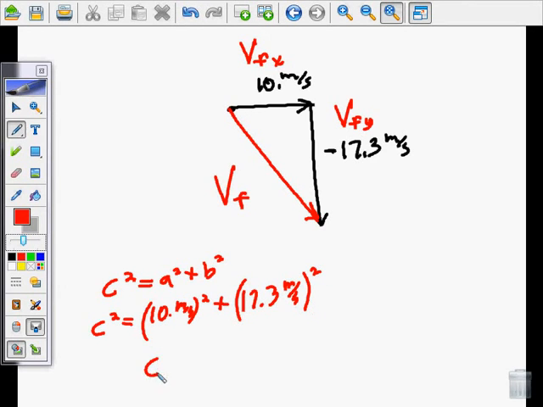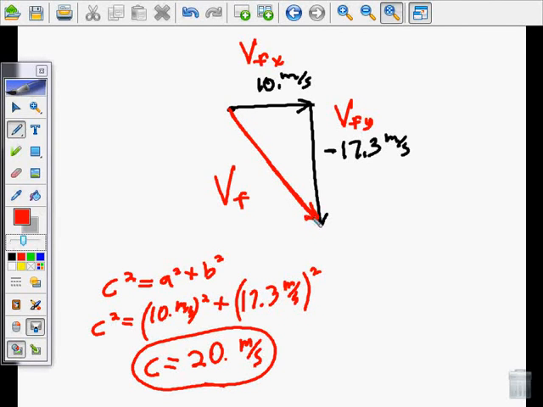And if I solve that, don't forget to take the square root. 20 meters per second, rounded. So that's how fast it's going right before it hits the ground.